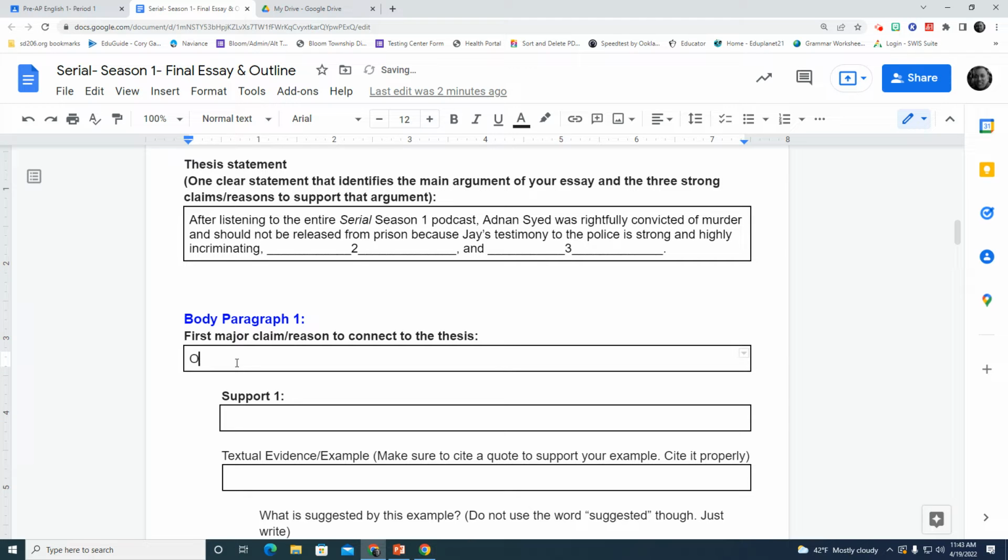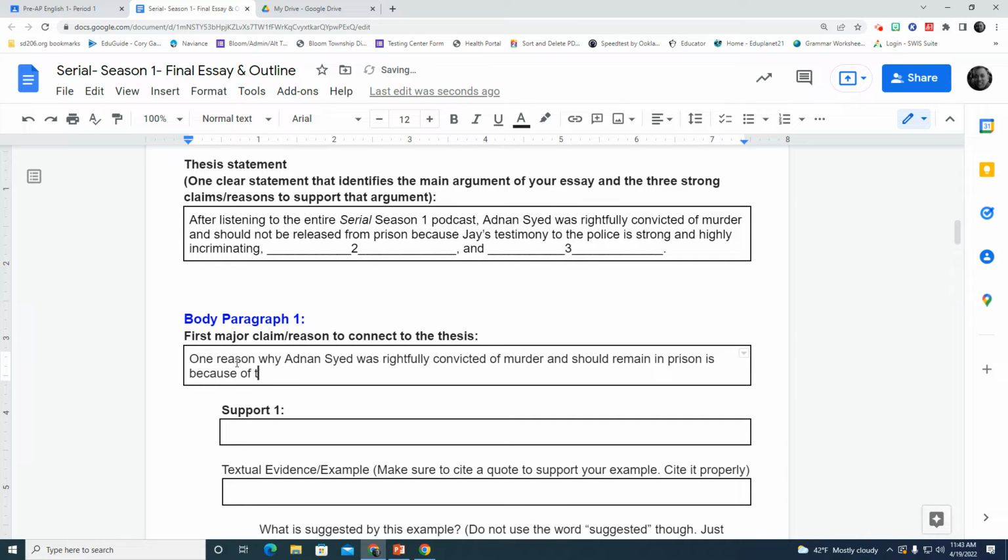I can start off by saying, one reason why Adnan Syed was rightfully convicted of murder and should remain in prison is because of Jay's testimony to the police being strong and highly incriminating.